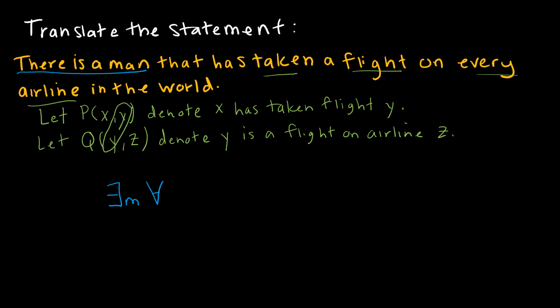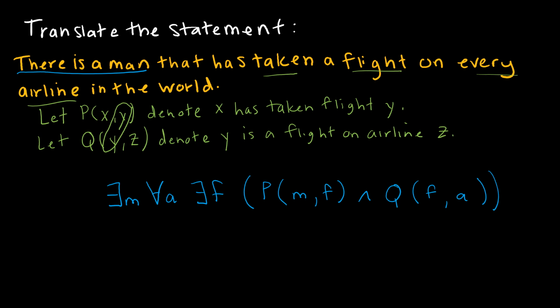So for all airlines A, there exists a flight such that P(X,Y), remember this is the man has taken the flight, and Q denotes that flight is on airline Z, so that flight is on the airline.